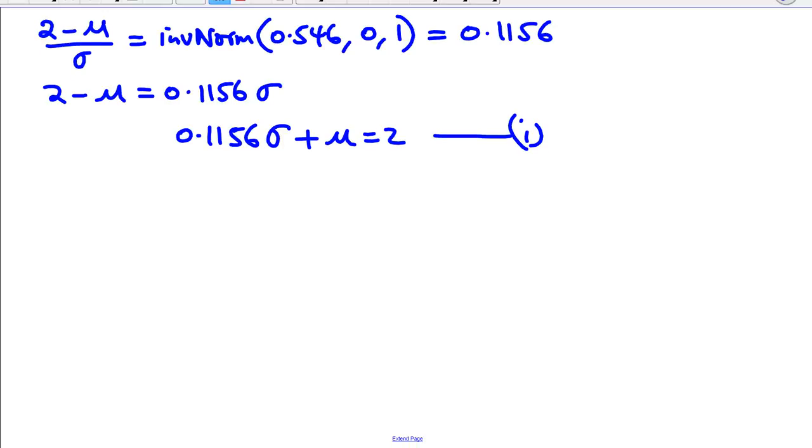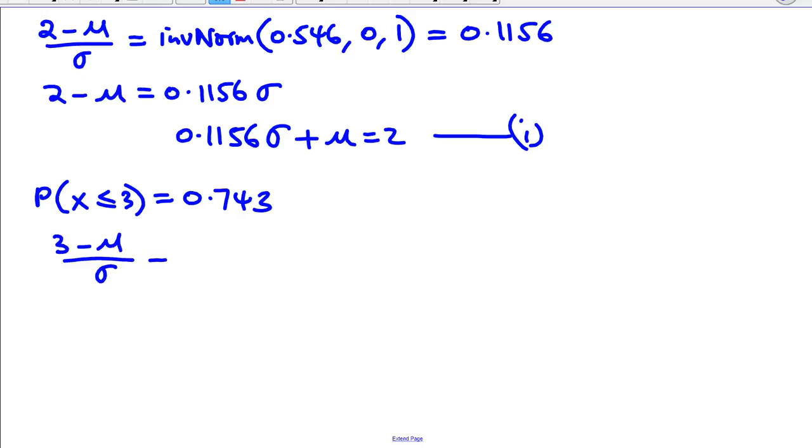And then I'll move to the next condition that you're given, which is the probability that x is less than or equal to 3 is equal to 0.743. So transform these x values to z-scores. You'll end up with inverse normal 0.74301.